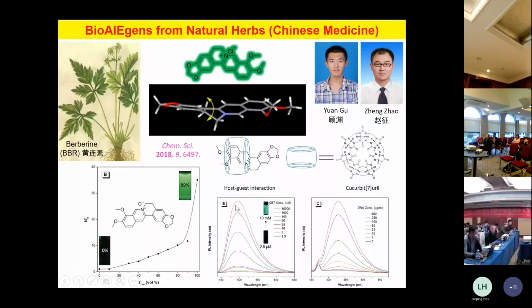The working mechanism is still IIM, because when you incorporate it into this CB ring, the emission is turned on. Because this molecule is positively charged, we can utilize it for DNA detection, because DNA is negatively charged. So the electrostatic interaction will make this complex. Inside the complex, the molecule cannot move and the emission turns on.